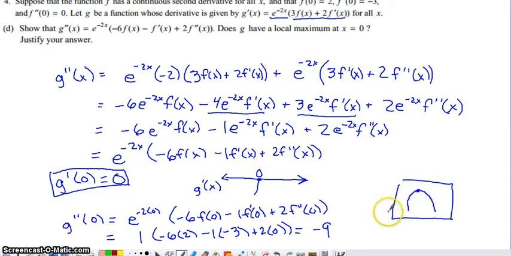And what we're using here is the second derivative test. Normally we go with the first derivative test, which I was setting up and explaining the logic of back here. But in this case, it's easy to find the value of the second derivative at 0, and since the second derivative is negative, our function's concave down, meaning we have a local maximum at 0, and what we're using here to prove that is the second derivative test.